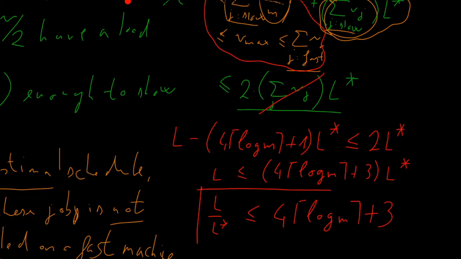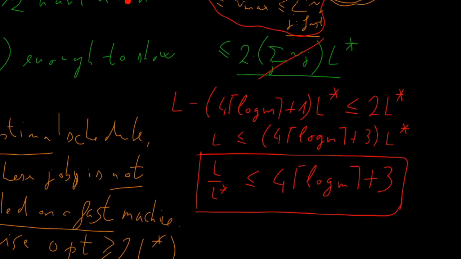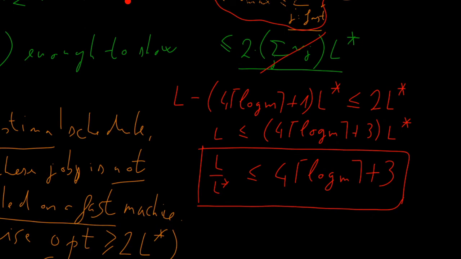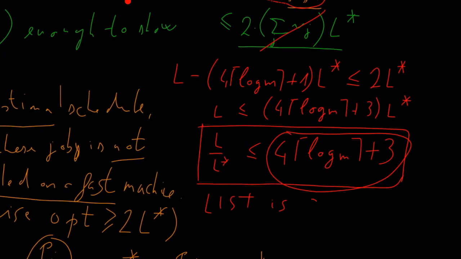This is just a theorem about the competitiveness of the list algorithm for the case of related parallel machines, that the competitive ratio of this algorithm is something like log m. So the list algorithm is, we denote this by big O notation. If you haven't learned it in your bachelor studies, then please look it up on wiki.